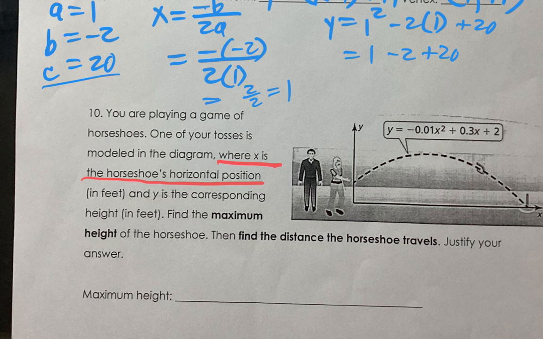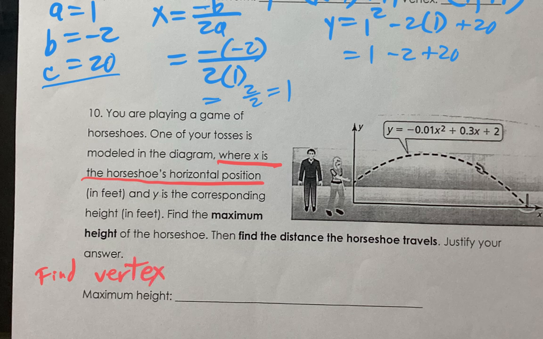So, in other words, if I find the vertex, I can first of all find my height, because that's going to be the y value. Remember, the vertex is the maximum or the minimum point. So just a side note, find the vertex.